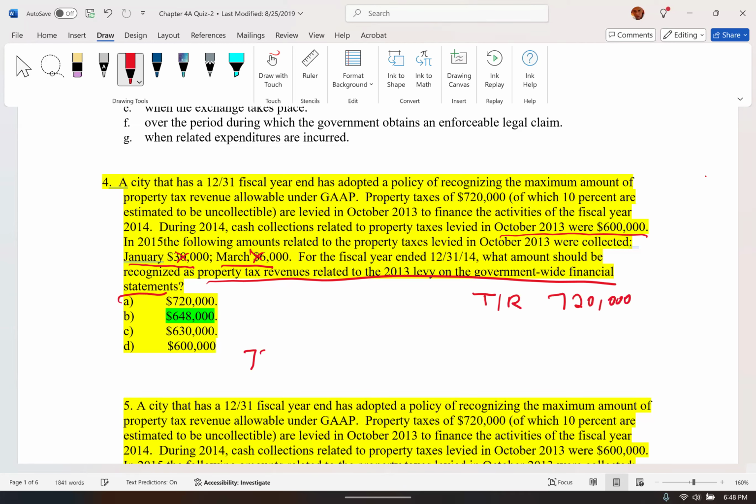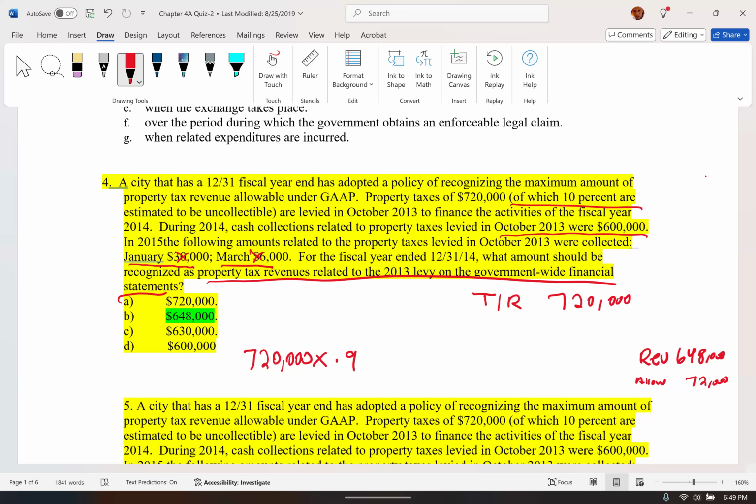The quick way to answer this would be to say the 720 times 0.9, if they tell me 10% are not collectible. And so the revenue, the correct answer, is going to be 648,000. And the credit that I need here, what's the amount of credit I need, John? 72,000. The 72,000 is going to be the allowance. Yep.